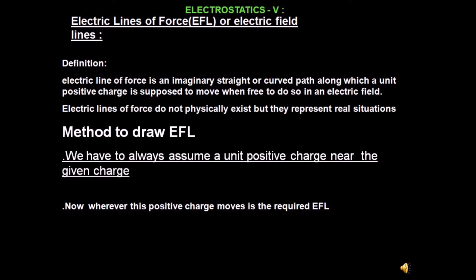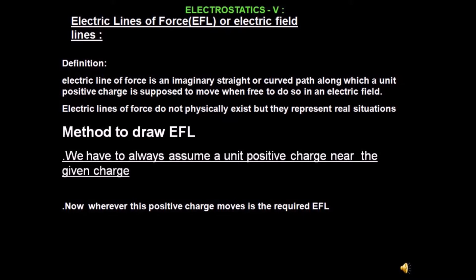Now we have to draw the electric field lines near the given system of charges. So let us understand the method of how to draw EFL. The procedure is that near the given system of charges or single charge, we have to always assume a unit positive charge.